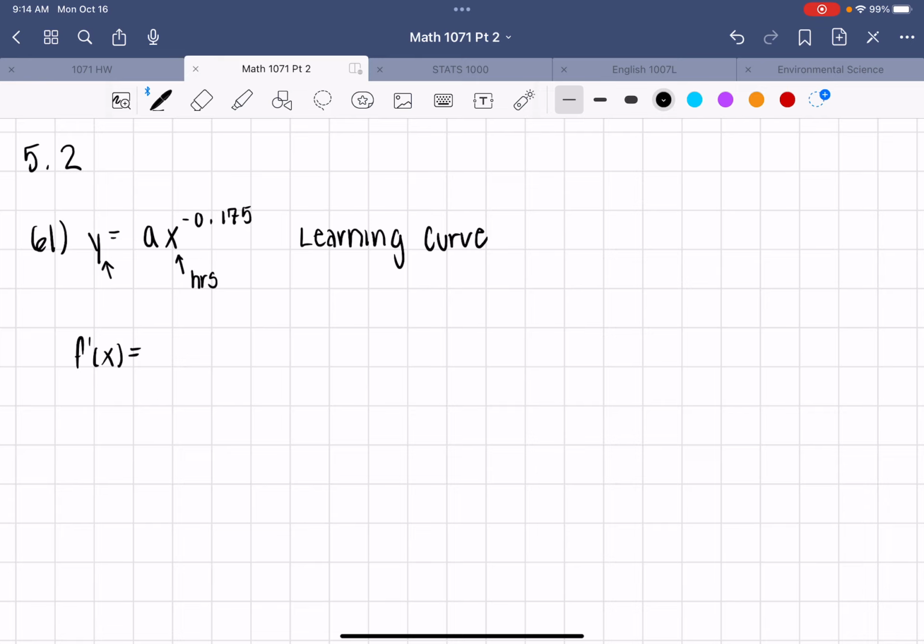Because this x is in the denominator, and here in the numerator you have negative a times 0.175. So there are no critical points. There's no x that will make that 0.